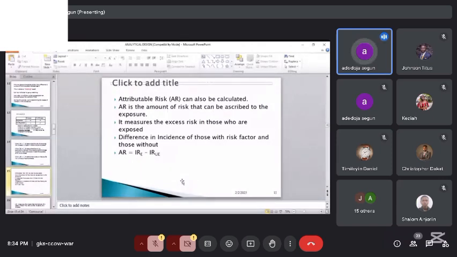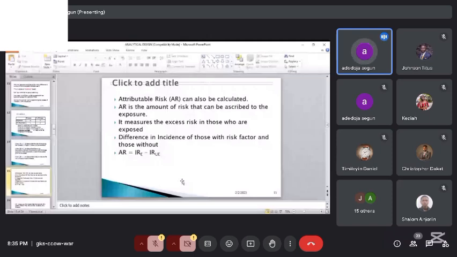The amount of risk we can attach to the exposure. Attributable risk is the amount of risk that can be ascribed to the exposure. It measures the excess risk in those who are exposed.